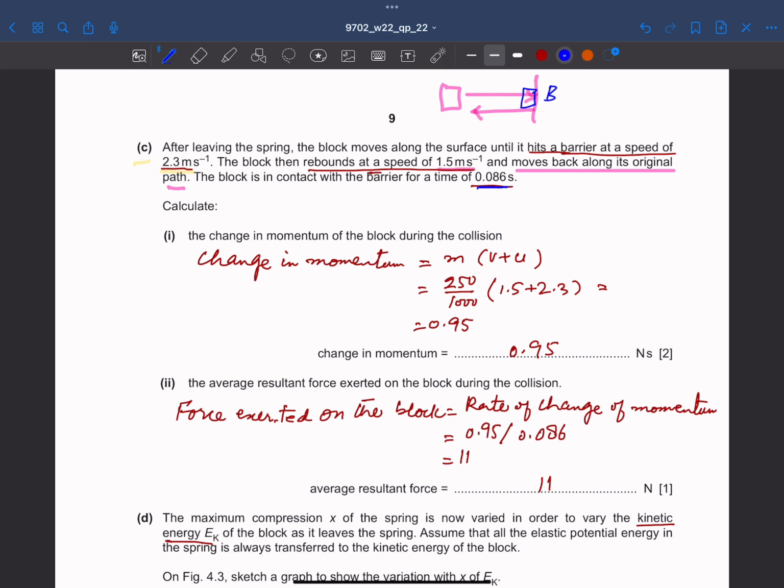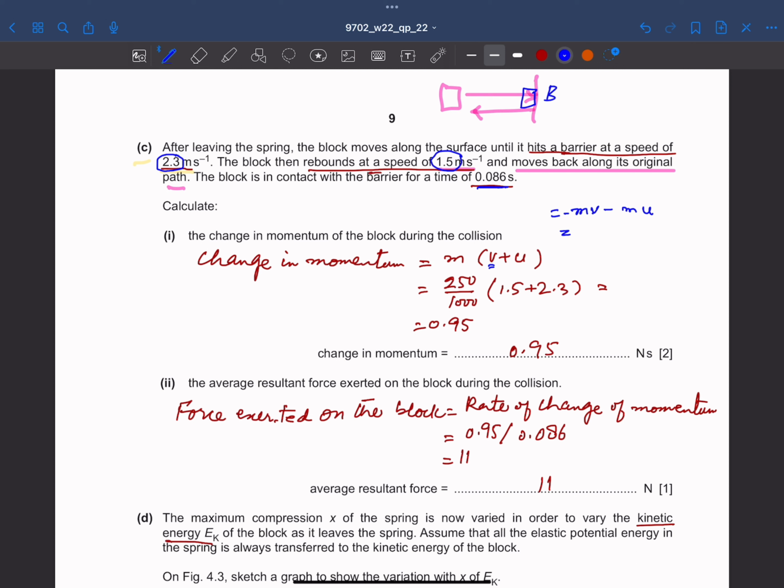So you have to recall that initial velocity is 2.3, and then the rebound is with 1.5. If you want to write the change in momentum, this will be mv minus mu, but here you have the situation that velocity is negative, so you can write it in this way.